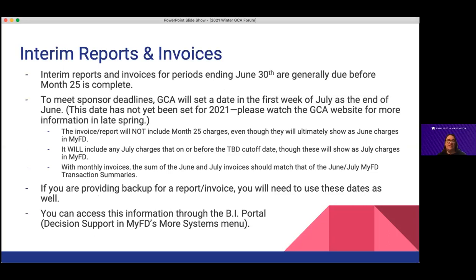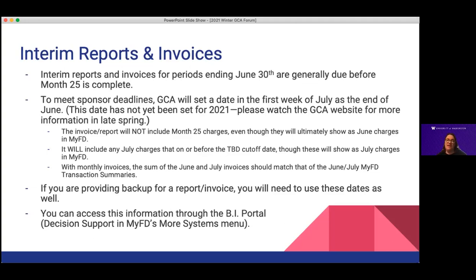We'll be either sending those invoices around July 10th or sending the report sometime a bit later in the month, but regardless, before month 25 is complete. So we just have to set a date that will probably get most of those June transactions, and will not get very many Julys. We have to set a date that will sort of work with this nebulous crossover period.